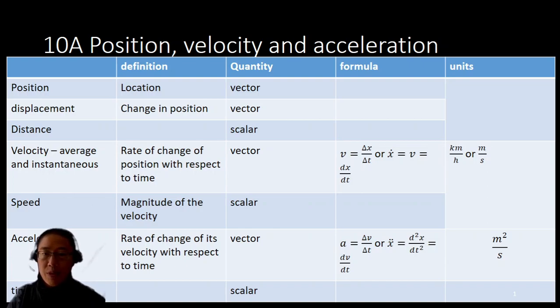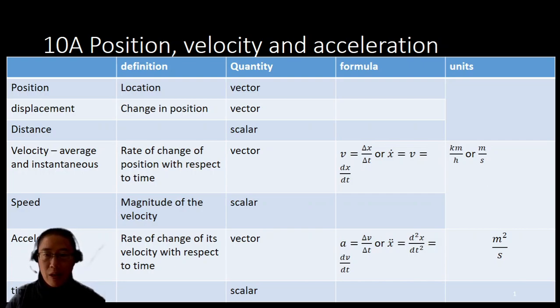The displacement, as defined, is a vector, which is a change of position. So it's going to be a difference of two vectors between the final and starting position, independently of its path, which leads to the next one.